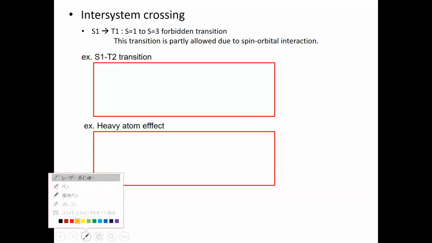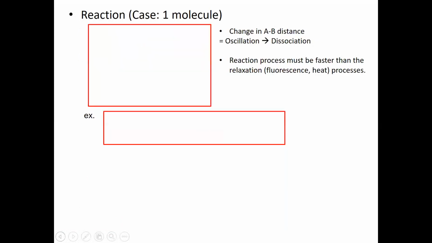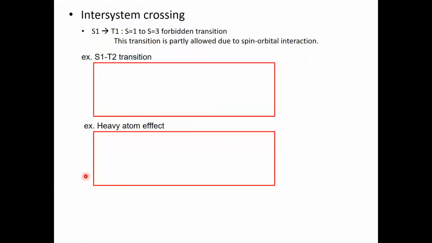So let's study this. However, if you remember correctly, the transition from S1 to the T1 state involves a spin number change, right? From S equals 1 to S equals 3.